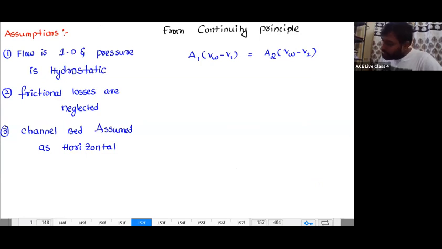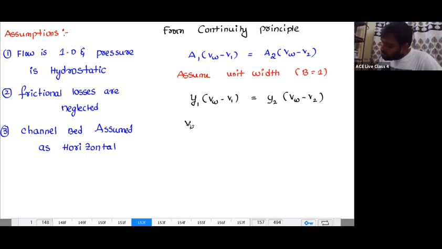So assume unit width, which means B is equal to 1, which means we can write Y1 into VW minus V1 is equal to Y2 into VW minus V2. So VW Y1 minus V1 Y1 is equal to VW Y2 minus V2 Y2. Let's take the VW outside.